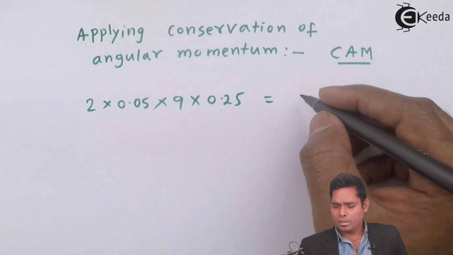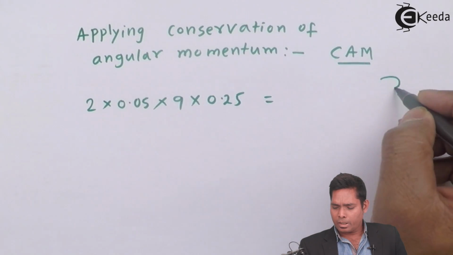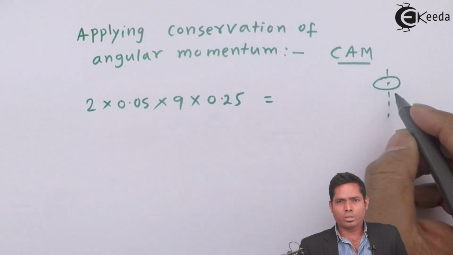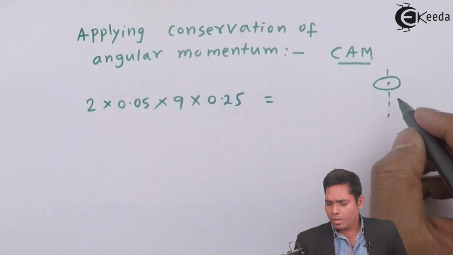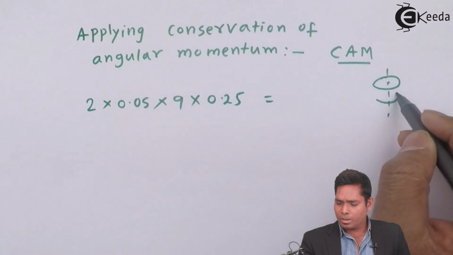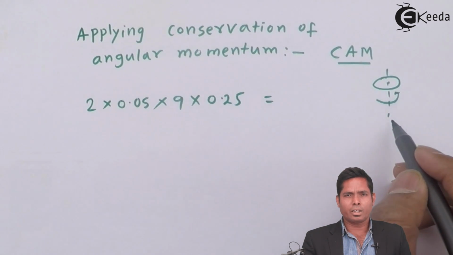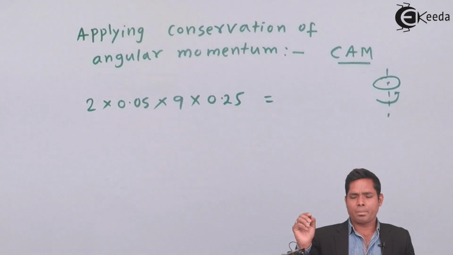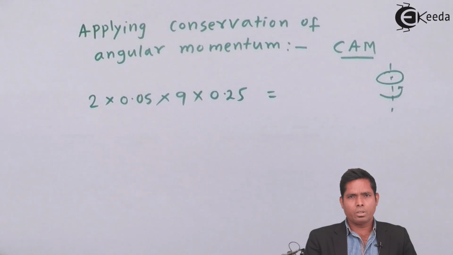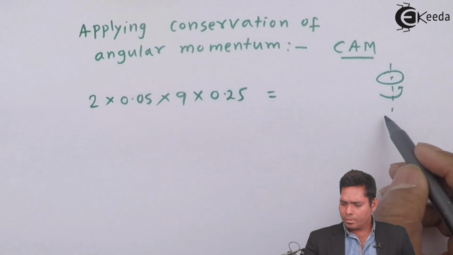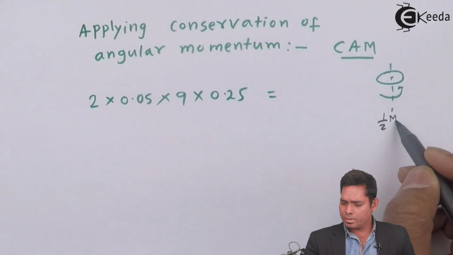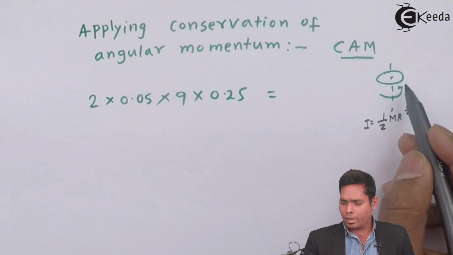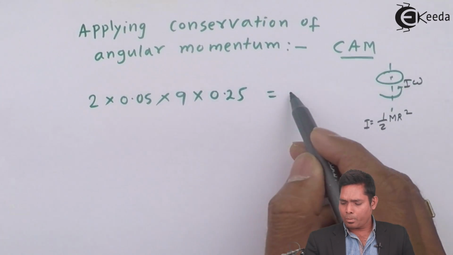The platform rotates about the vertical axis. It can be considered as a disc, and the moment of inertia of a disc about an axis through its center and perpendicular to its plane is half m r squared. That is your I, and angular momentum will be I omega.